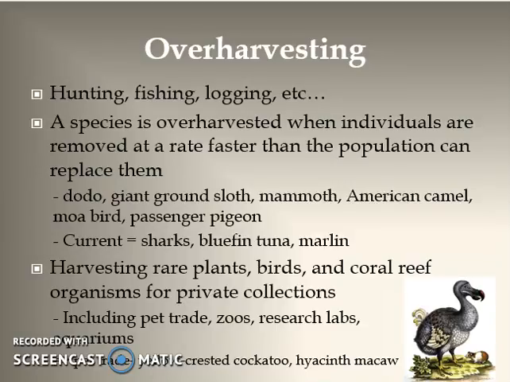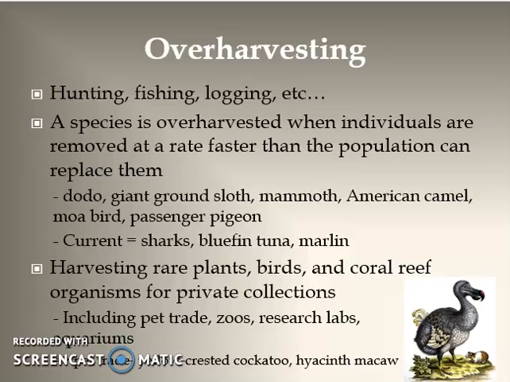Currently, we are hunting sharks, bluefin tuna, and marlin to extinction. A lot of our terrestrial animals, our land animals, we're pretty good at now about noticing that there's a problem there. They're also cuter. We usually have no problems saving the cute animals, but the ones that are not so cute or we think are dangerous, things like sharks and fish, don't always get our priority.